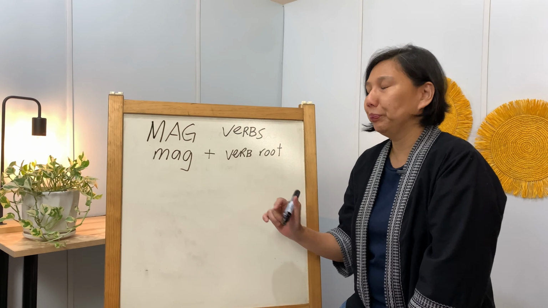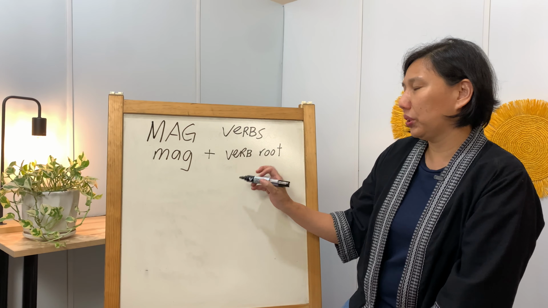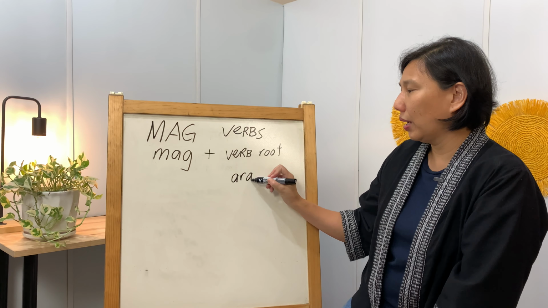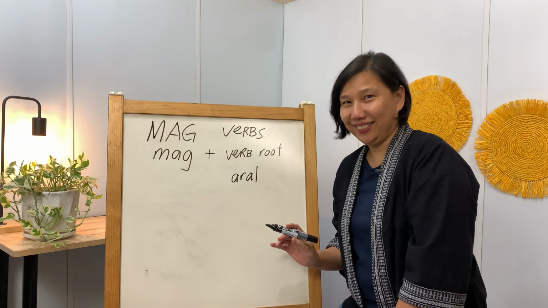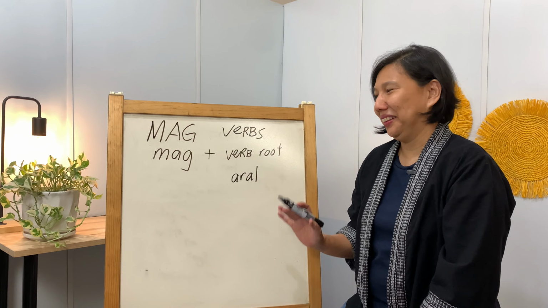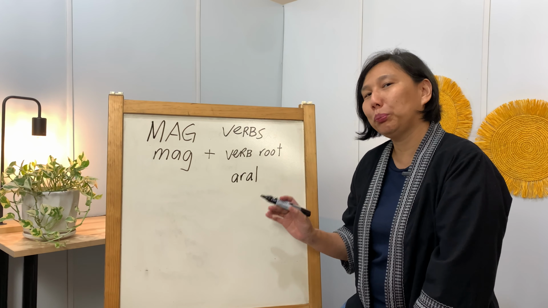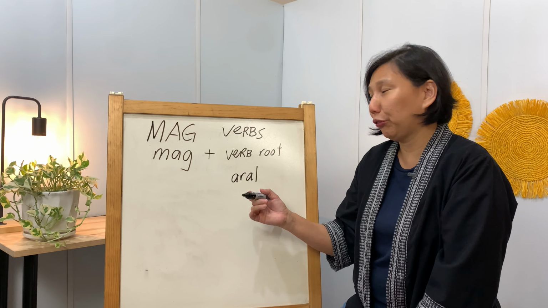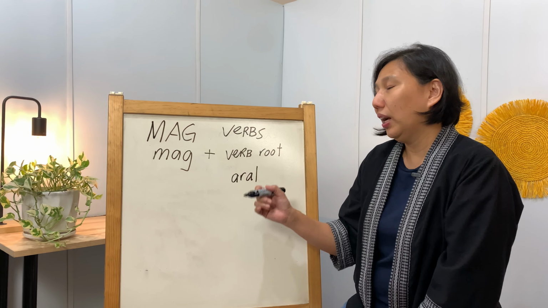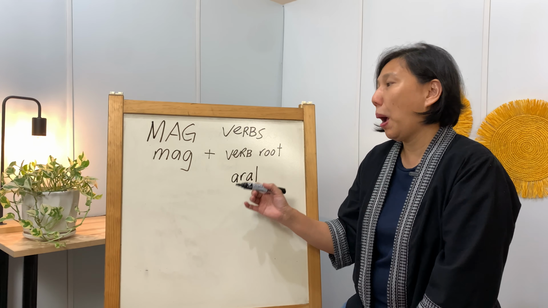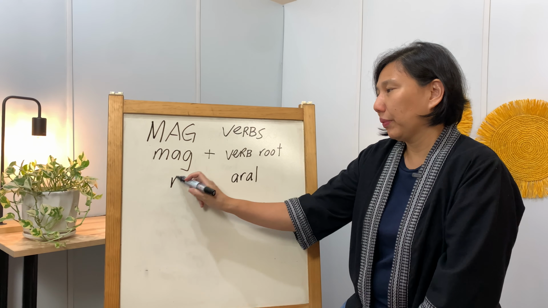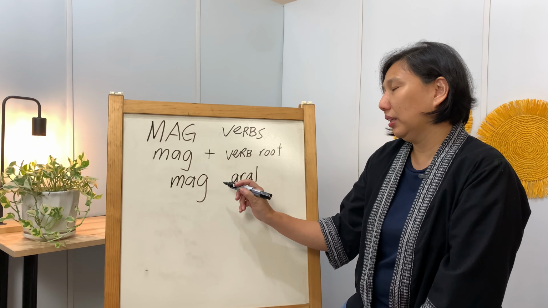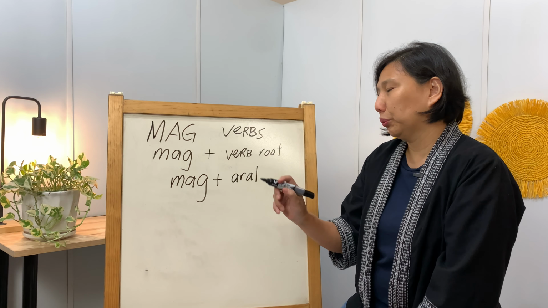For example, if I'm going to use the verb root aral, what does aral mean? Study. Let's first form the infinitive by adding the prefix mag to the verb root aral.